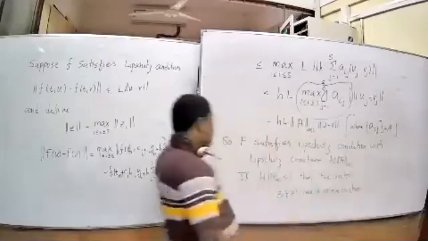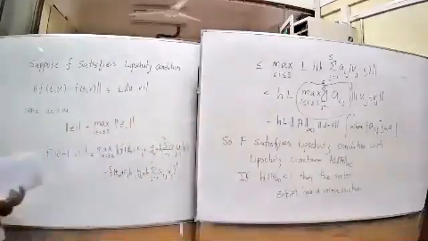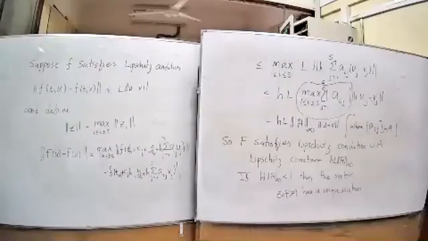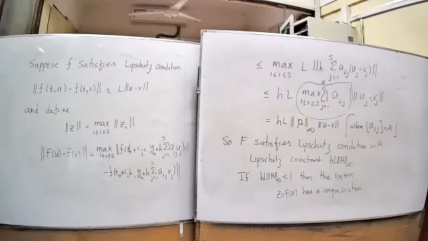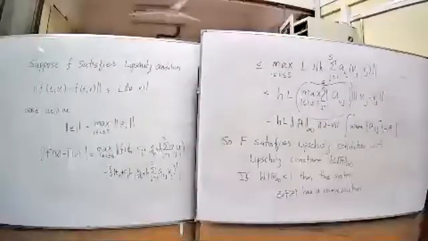This is basically the second year fixed point theorem. So if the function capital F, which is a part of the fixed point formula, satisfies the Lipschitz condition with Lipschitz constant less than 1, then we say that the function has a fixed point.